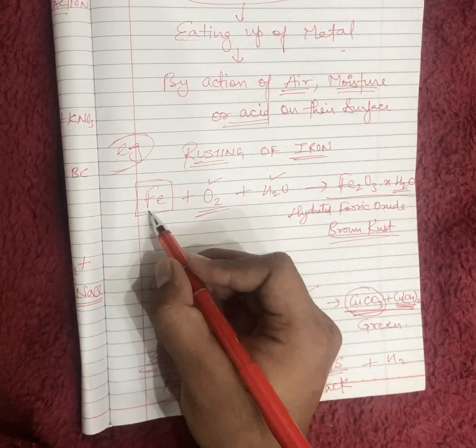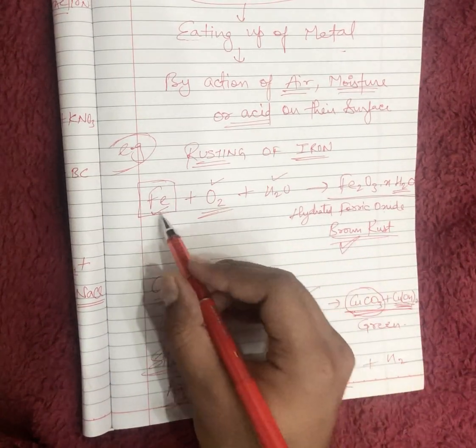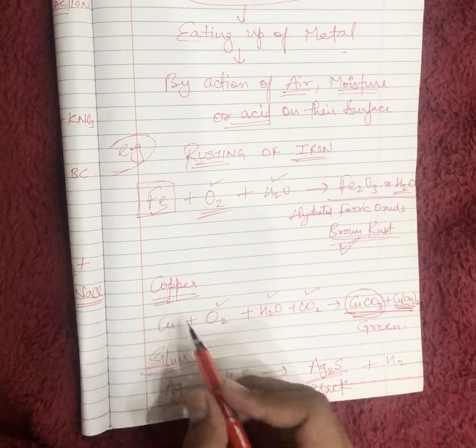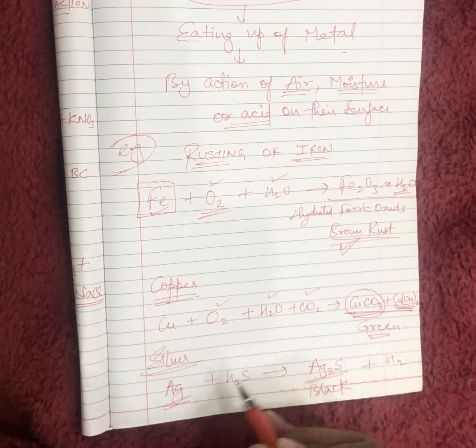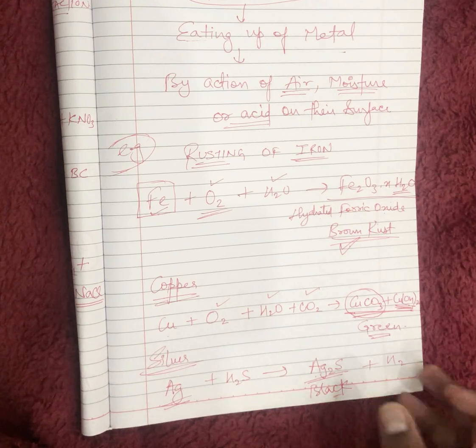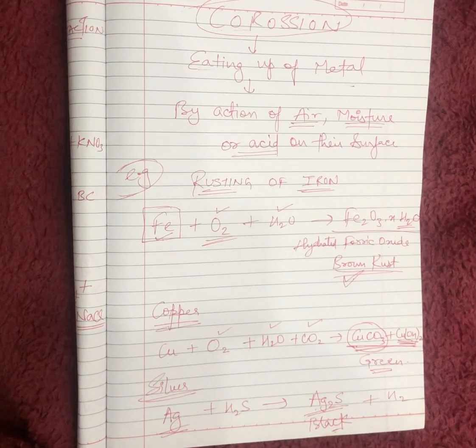So you must remember the following reactions with their colors: iron will corrode to form a brown colored substance, copper will corrode to form a green substance, and in case of silver it will be a black colored substance. So now, after we have completed this topic of corrosion, I will tell you how corrosion can be prevented, like what are the basic methods of preventing corrosion.